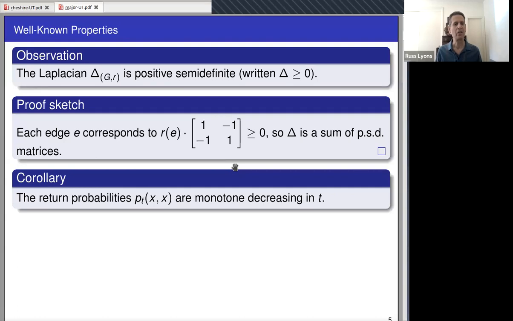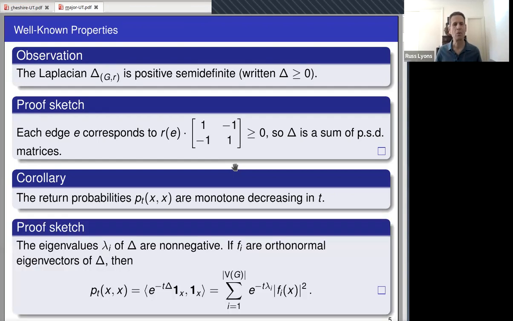Now, here's a nice corollary. For any vertex x, the return probabilities, P sub t of xx, are monotone decreasing in t, which is also intuitive. The more time you wait, the less likely it is to be at your starting point. So what's the proof? Because delta is positive semi-definite, its eigenvalues, lambda i, are non-negative.